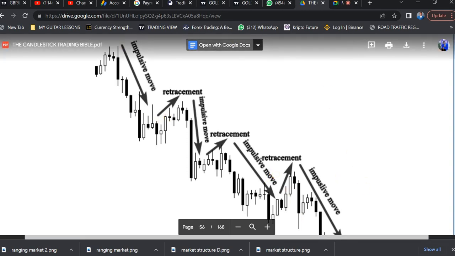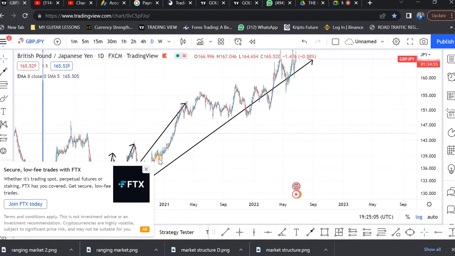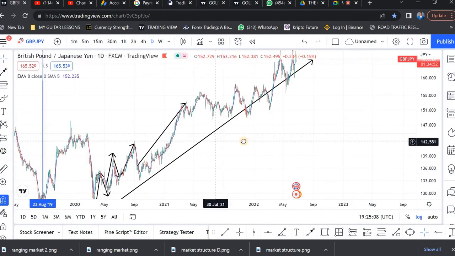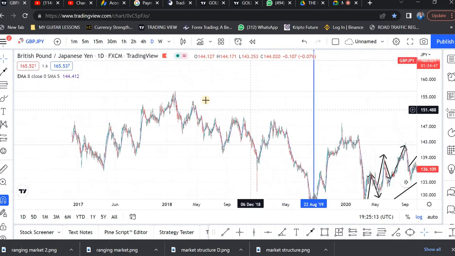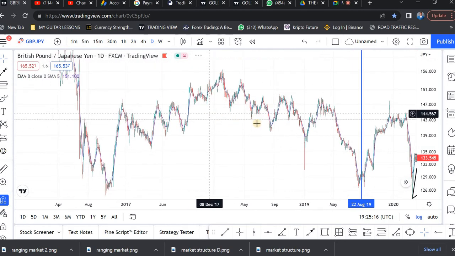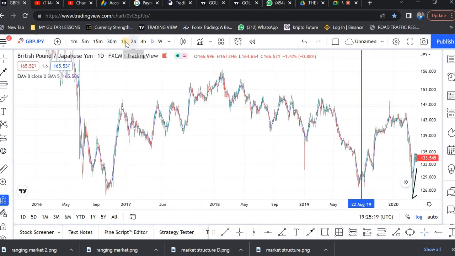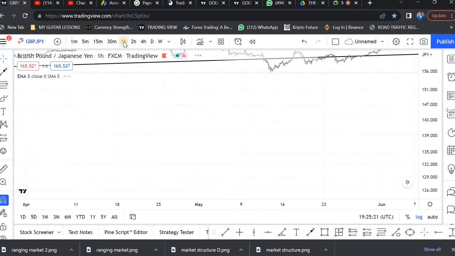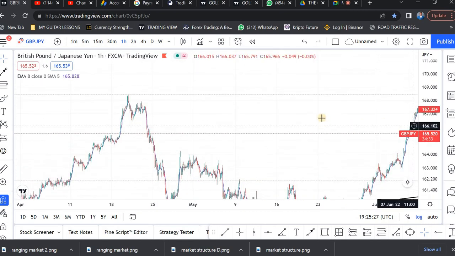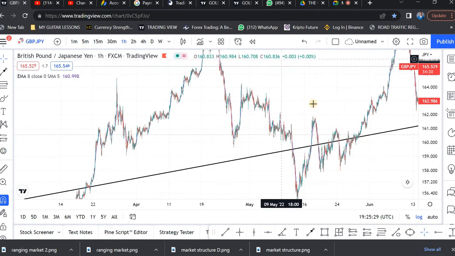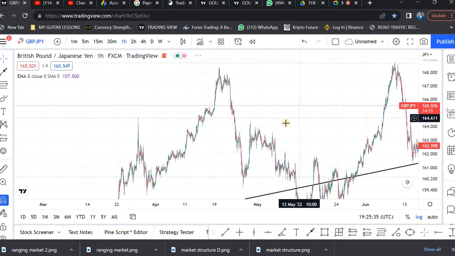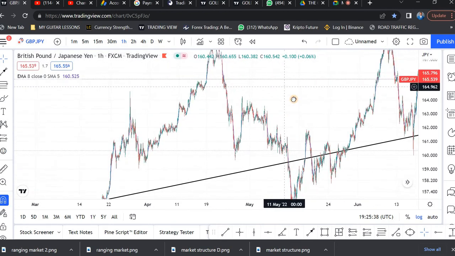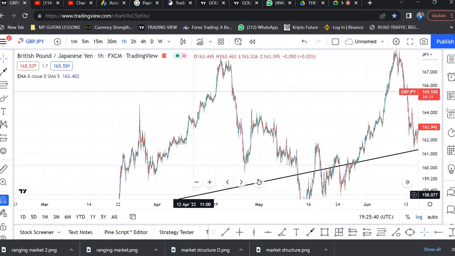Okay, so going to the chart, let me see if I can identify a downtrend market. Okay, very good. Let me change to an hour candlestick here. Okay, so within this time frame, I'm going to start from here.